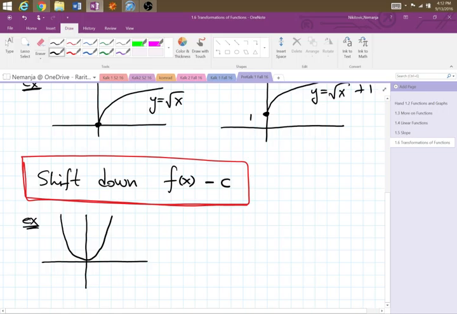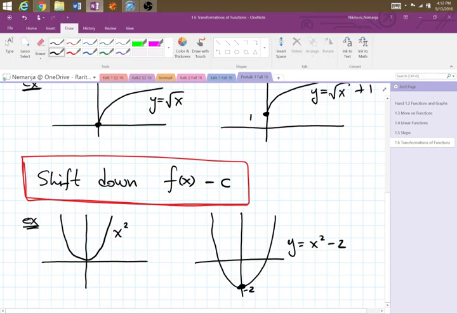Again, as I said, guys, this works for every single function under the sun. So we can just take x squared as the example now. And let's go 2 units down. So you will go at -2, and you will draw the same parabola. So this one is y equals x squared minus 2.